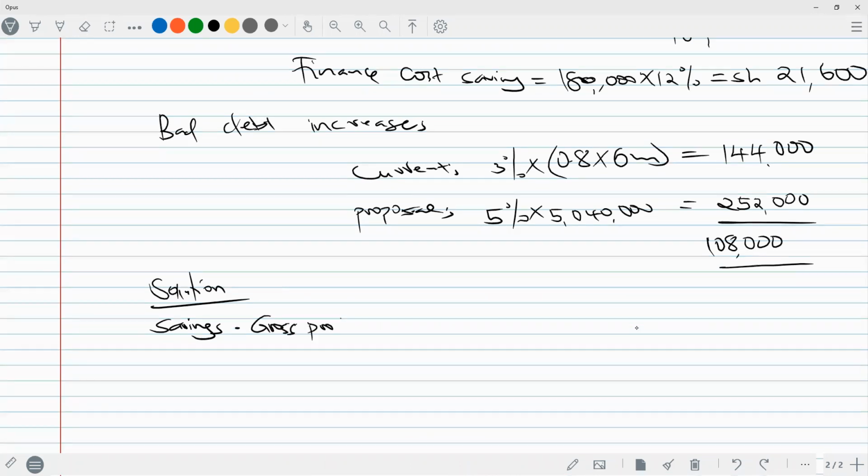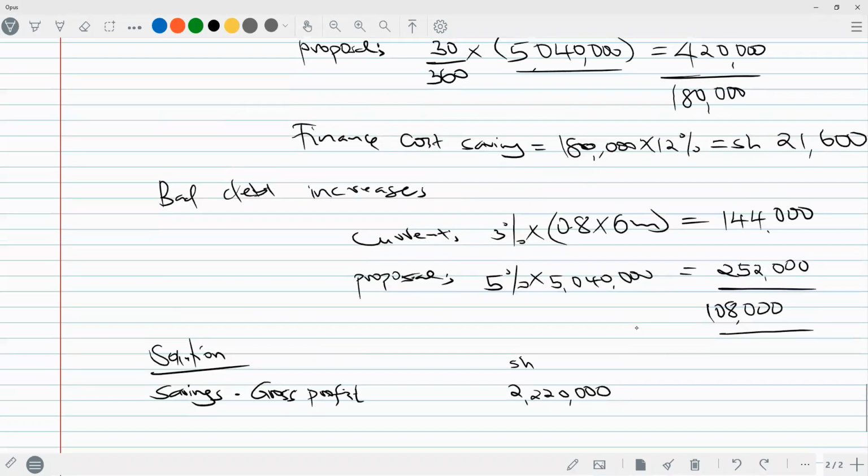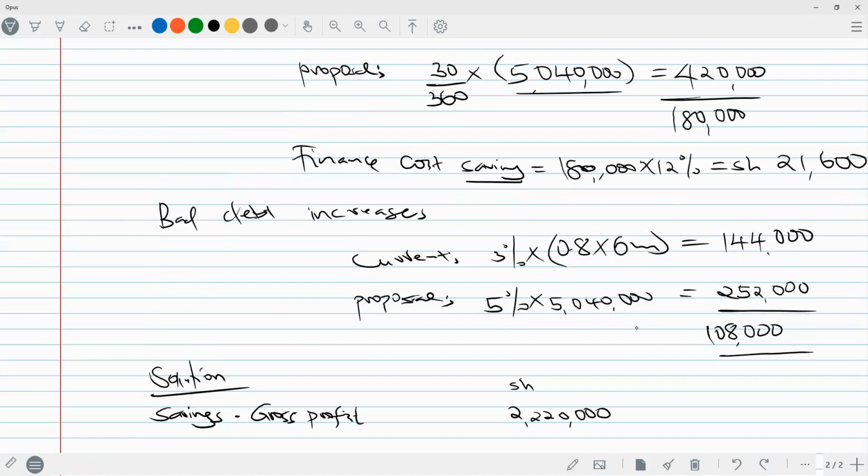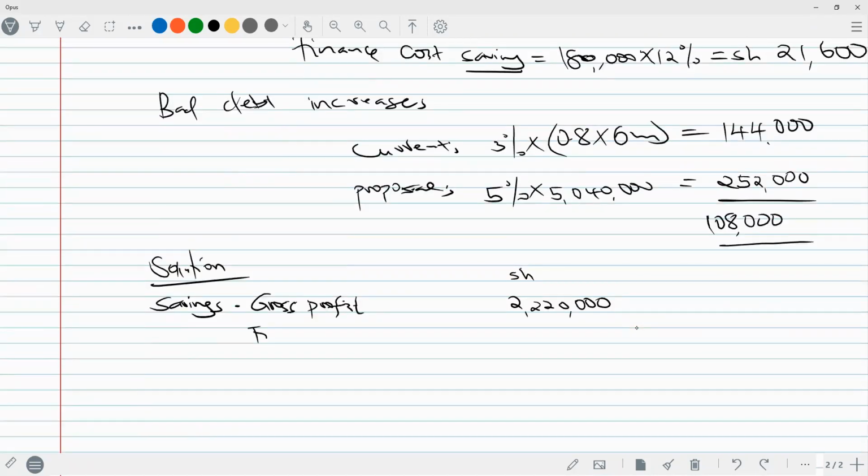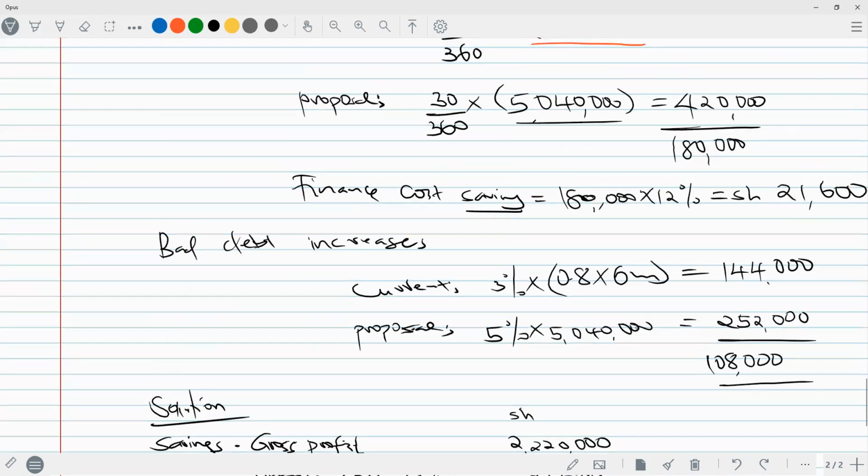They are all incremental, so I'll just call them increase. Next we have finance cost saving right here. Just put here finance cost saving or interest cost saving of 21,600. We also have. Do we have another saving?